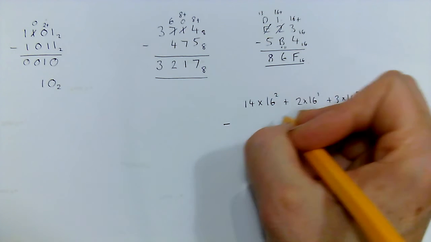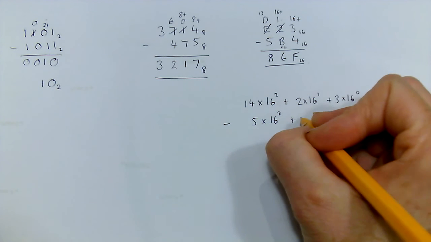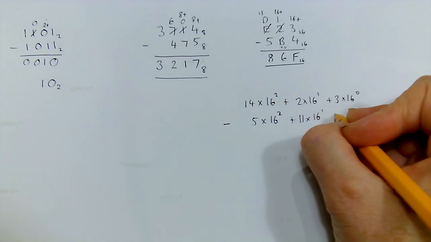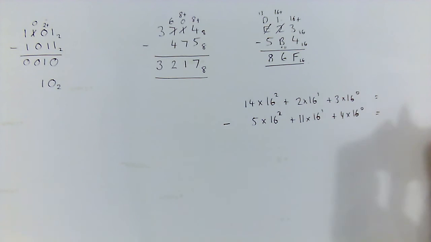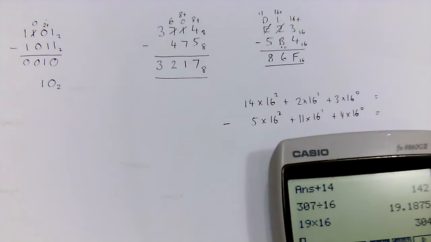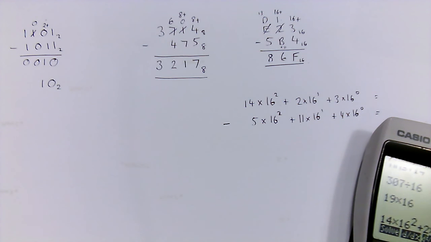And then we would be subtracting 5 times 16 squared plus 11 times 16 to the 1 plus 4 times 16 to the 0. So let's just see what those numbers are. So I'm going to use my calculator. So I've got 14 times 16 squared plus 2 times 16 plus 3.